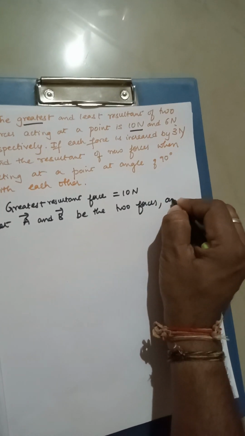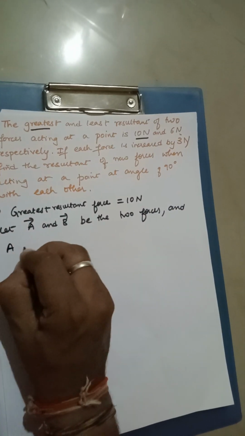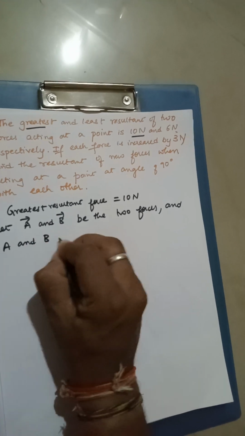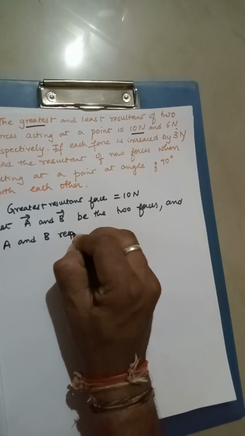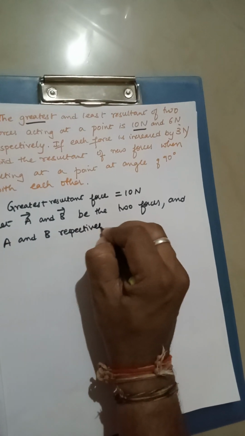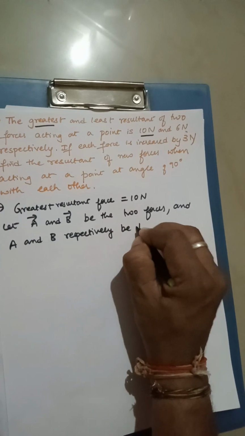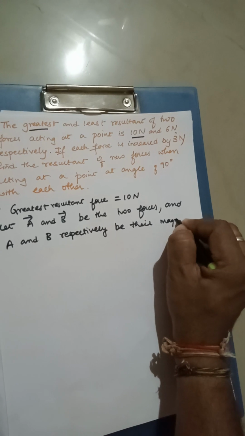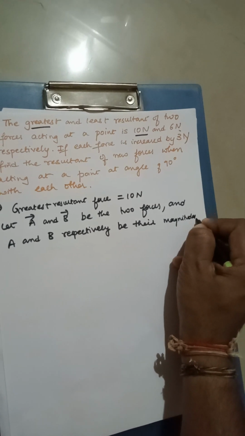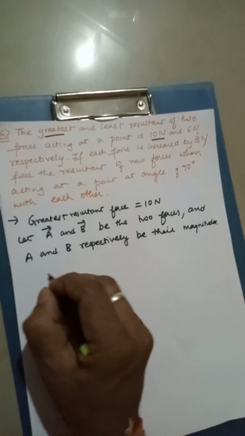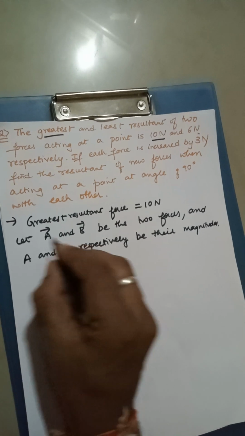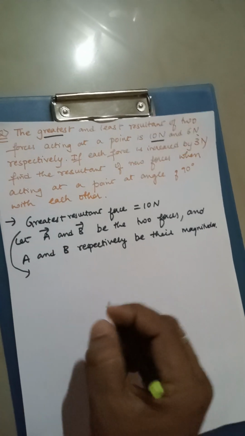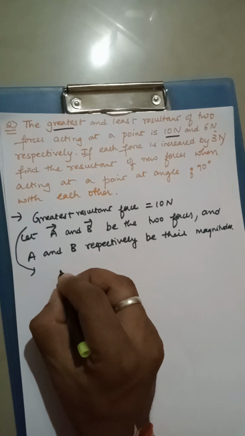and A and B respectively be their magnitudes, that is, the magnitudes of the two forces. So now the greatest force will be possible when the two vectors are in the same direction.